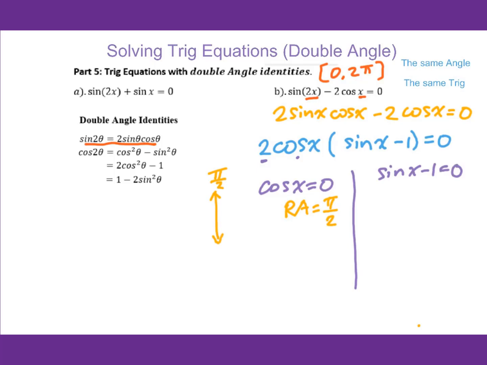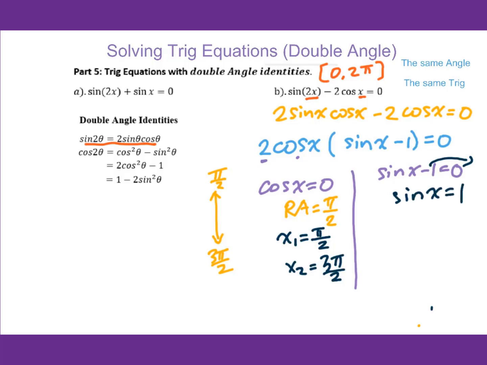So the other angle will be 3 pi over 2. So we write down x1 equals pi over 2, x2 equals 3 pi over 2. For this part, you add 1 to both sides, you get sine x equals 1.